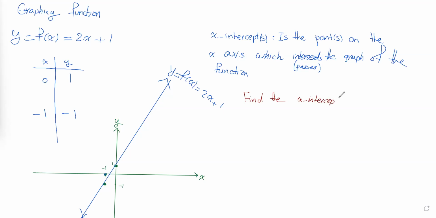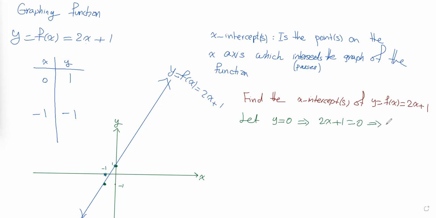So for our example, if you're asked to find the x-intercept of y equal to f of x equal to 2x plus 1, in other words, you want to know what this point is exactly. To find it exactly, you just let y equal to 0 to get x, right? So you get 2x plus 1 equal to 0.